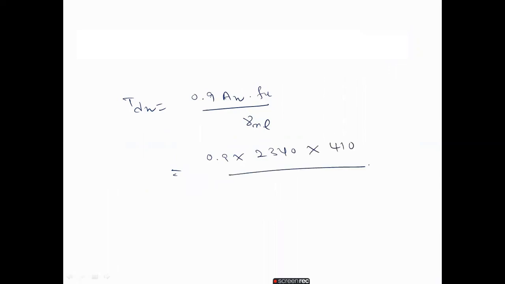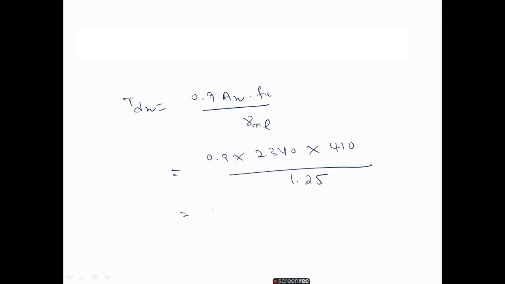Now if you substitute in the formula, Tdn equals 0.9 An into fu by gamma m1: An we got is 2340 mm square, and fu is 410, gamma m1 is 1.25, that is the factor of safety.